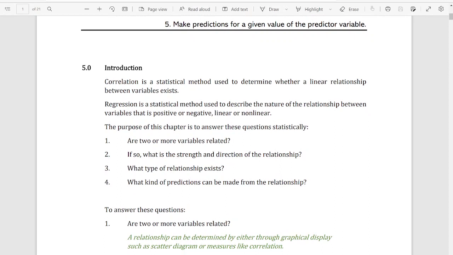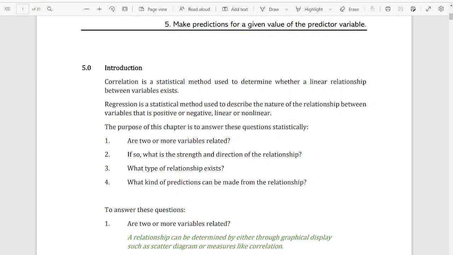So if you look through the introduction here, it says here, okay, correlation analysis. What is correlation analysis all about? Kita tengok dulu yang ni. Okay, for introduction, it says here, correlation is a statistical method used to determine whether a linear relationship between variables exists.